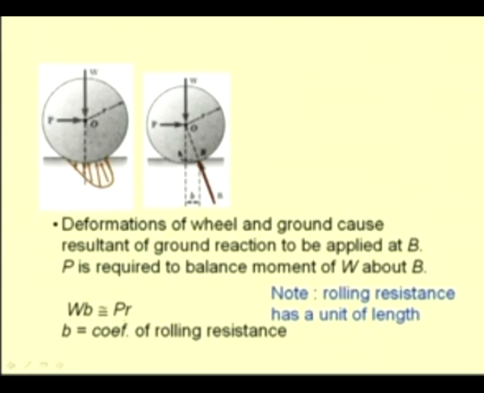We know that the coefficient of friction does not have any unit, but the coefficient of rolling resistance has the unit of length.